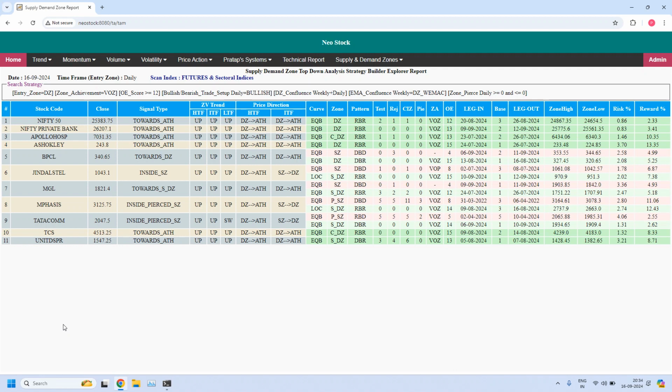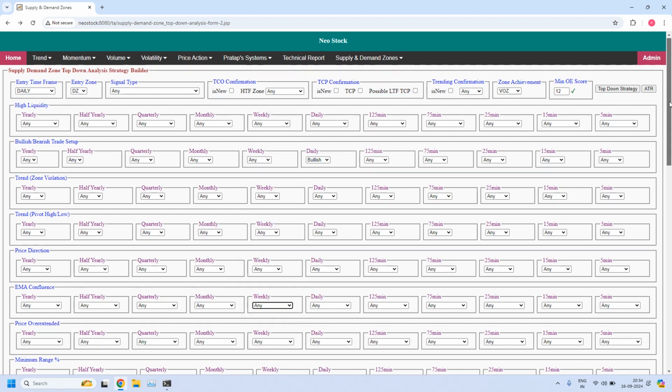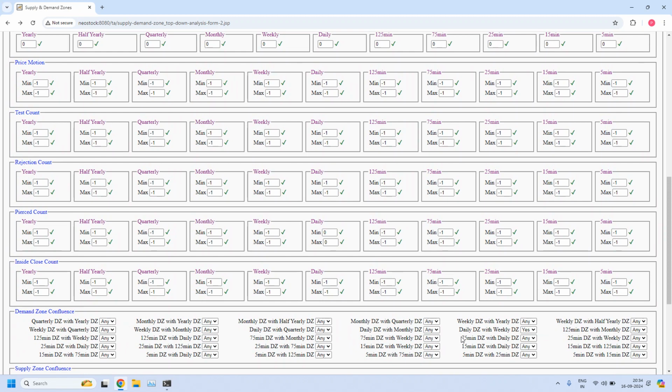Okay, now next set of reports, let us look for LTF, ITF and HTF confluence without any EMA confluence. So I am removing the EMA filter. In the demand zone confluence, already we selected daily demand zone with weekly demand zone.